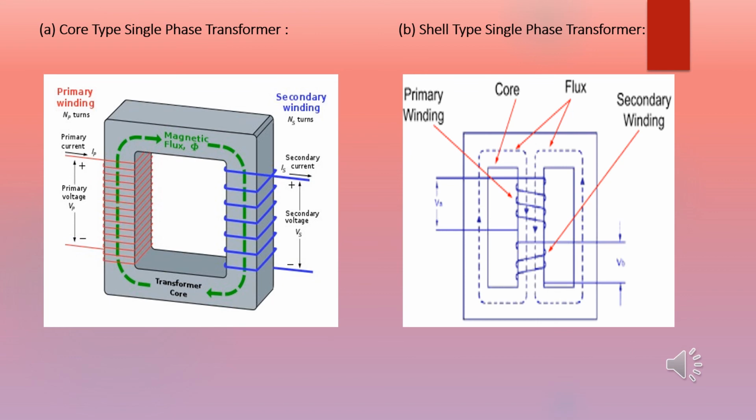As you can see in the core type single phase transformer, the core does not surround the windings, but the windings are wound on two different limbs of the core. And in the shell type transformer, windings are wound on a single limb and the other part of the core will surround the windings. That is the major difference between the two.